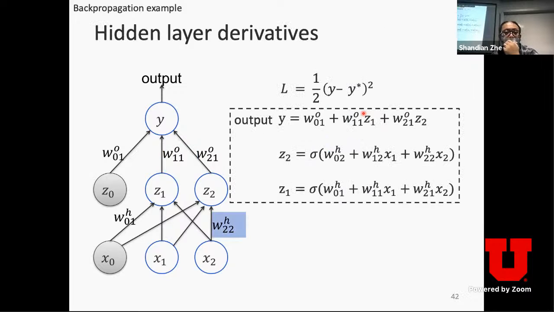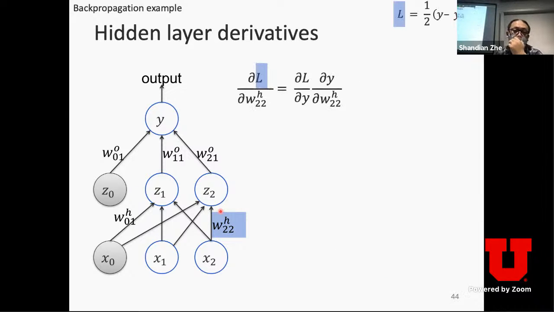Then we look at how to compute the partial L over partial W22H, which is on the edge that connects X2 in the input layer and Z2 in the hidden layer. It's a little bit more complex because you move one layer below. Again, we apply the chain rule because L is directly dependent on the output neuron Y. So we first compute partial L over partial Y, then partial Y over partial W22H.